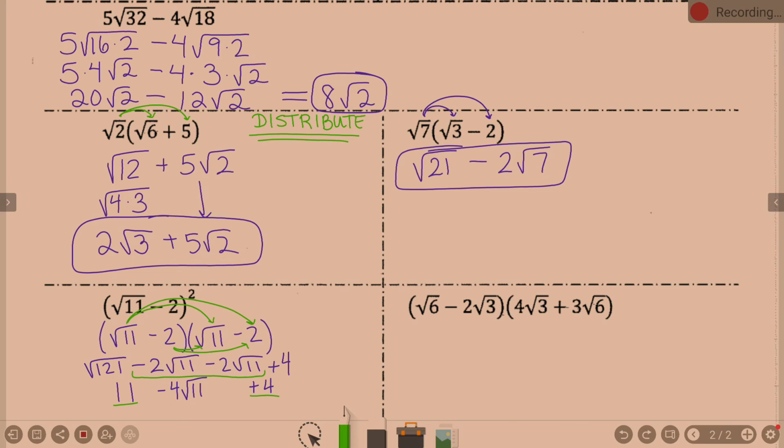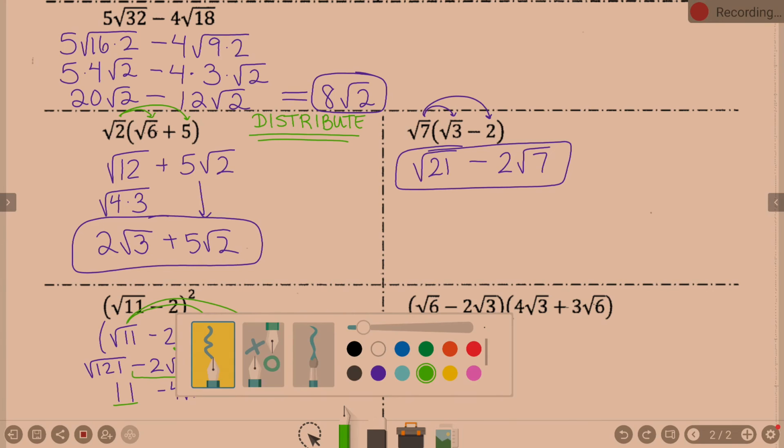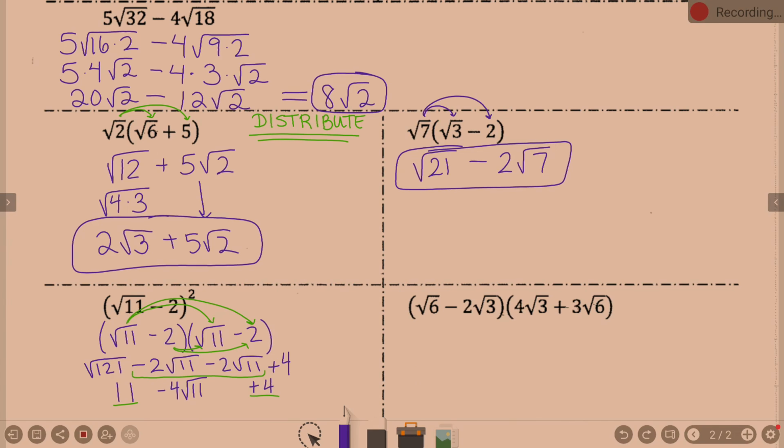Oh, you're trying to subtract that 4. Yeah. That 4 is attached to the square root of 11. Oh, okay. I thought you were trying to use the minus with this 4 over here. Okay, well, 11 is a positive, and 4 is a positive. Yes, so 11 and positive 4 are whole numbers. So 11 plus 4 is going to be 15.